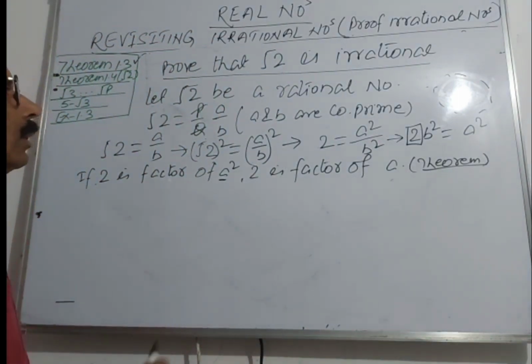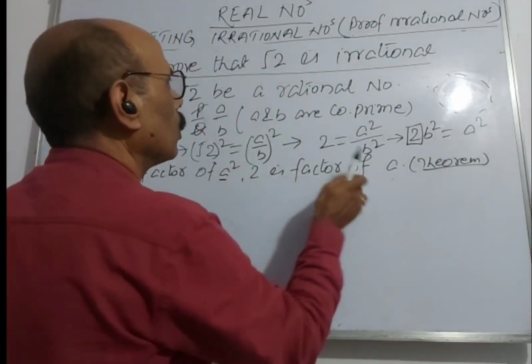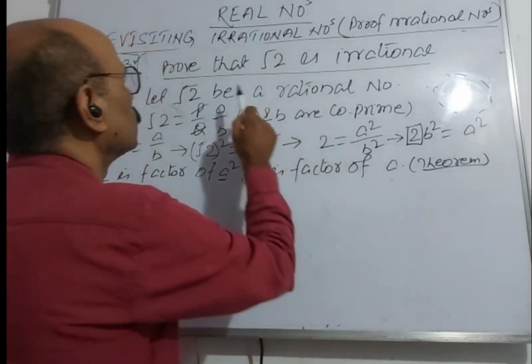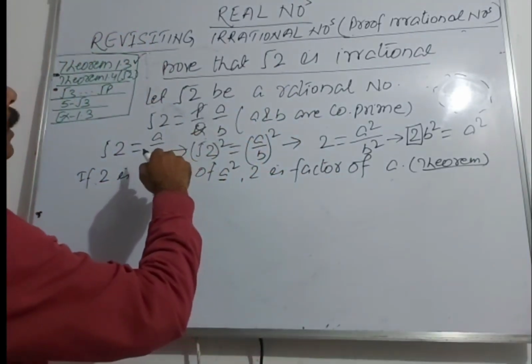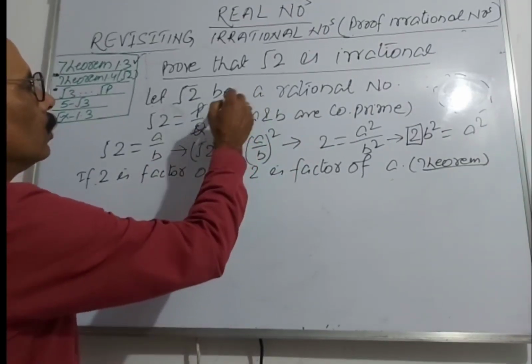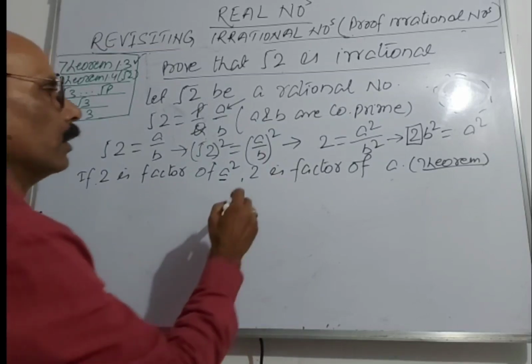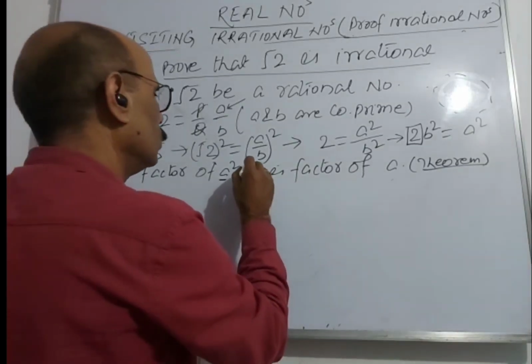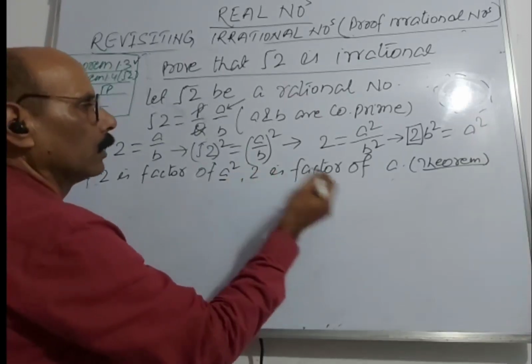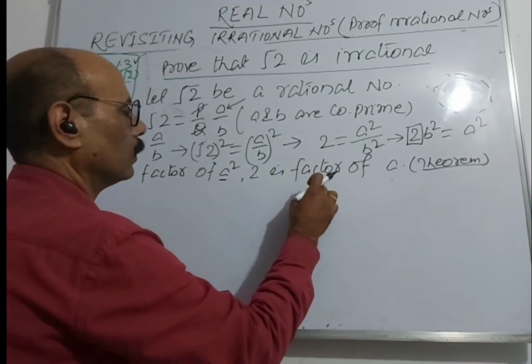We have got that a and b are co-prime. We have got 2 as a factor of a square. Make one equation: 2 is a factor of a square.